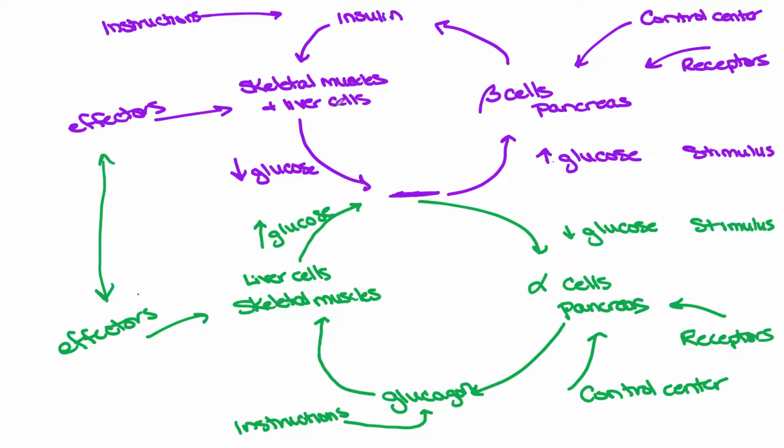So whether they're taking up glucose and taking it out of the blood, or they're converting glycogen back into glucose and putting it back into the blood, it's still the same effectors. And depending on which hormone you use, it'll tell them to do those different things.